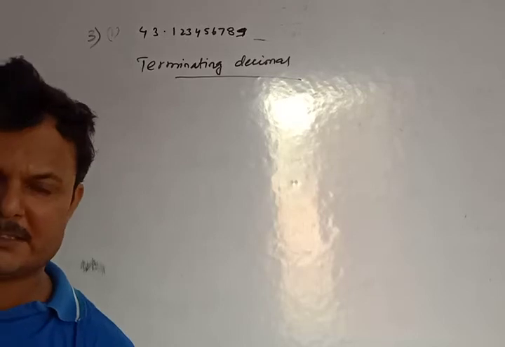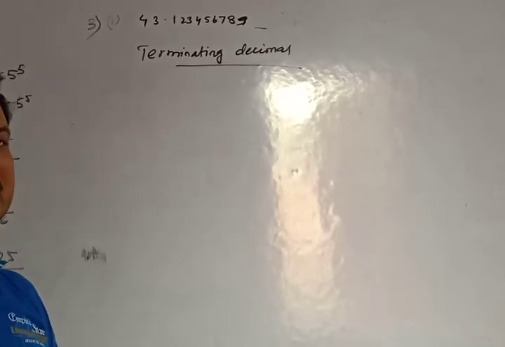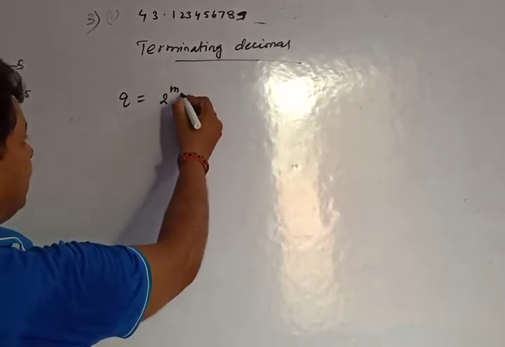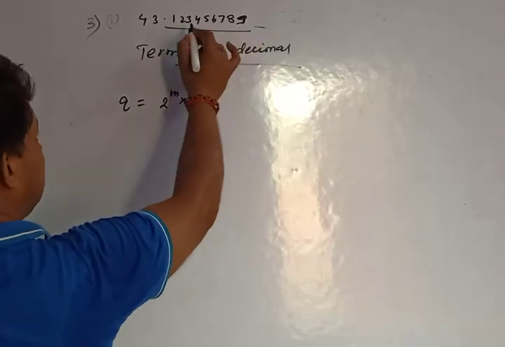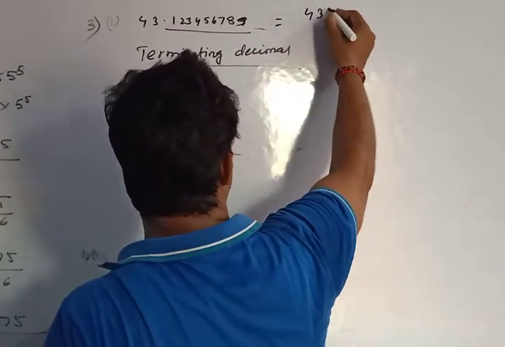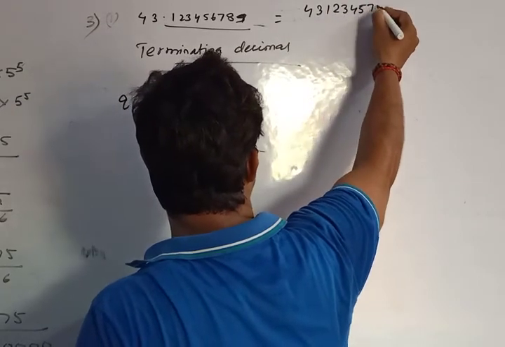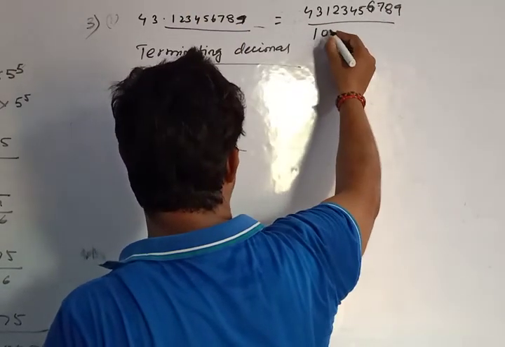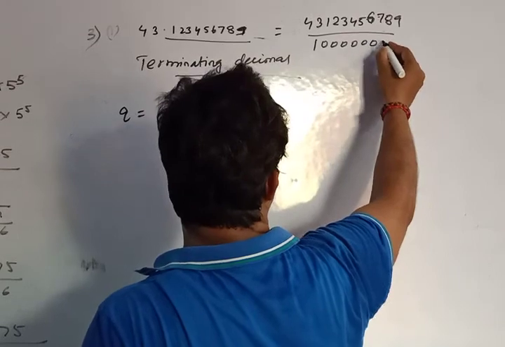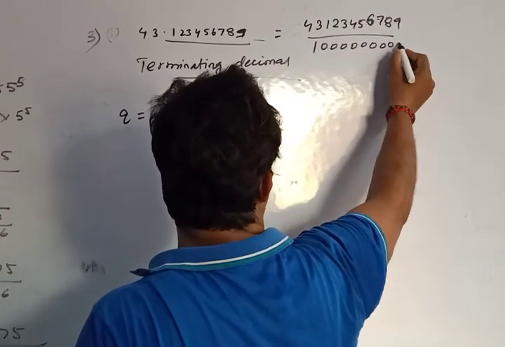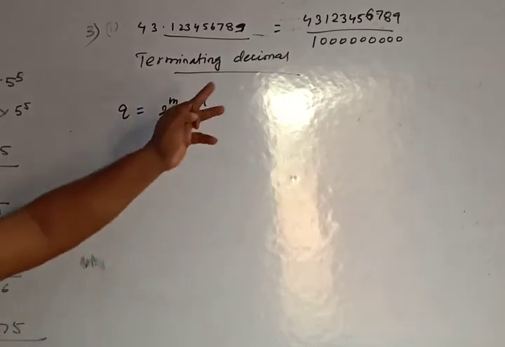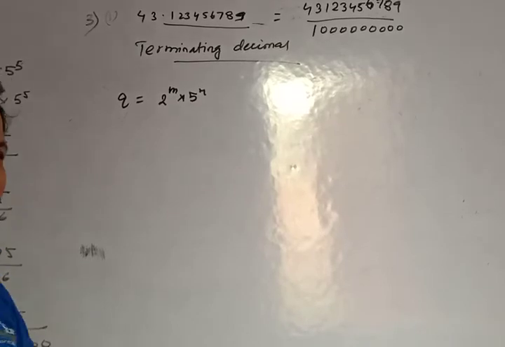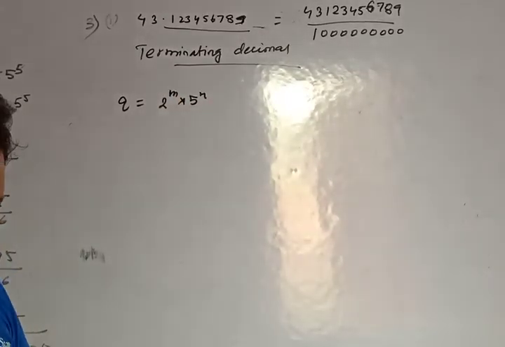So what will the prime factors be? For a terminating decimal, the denominator can be expressed only in the form of 2 to the power n into 5 to the power n. In fraction form, you will write 43123456789 upon 1 followed by 9 zeros, since there are 9 digits after the decimal. If the denominator is expressed in prime factors, you will get 2 and 5 as the prime factors. You can prime factorize and write it in the form of multiplication.